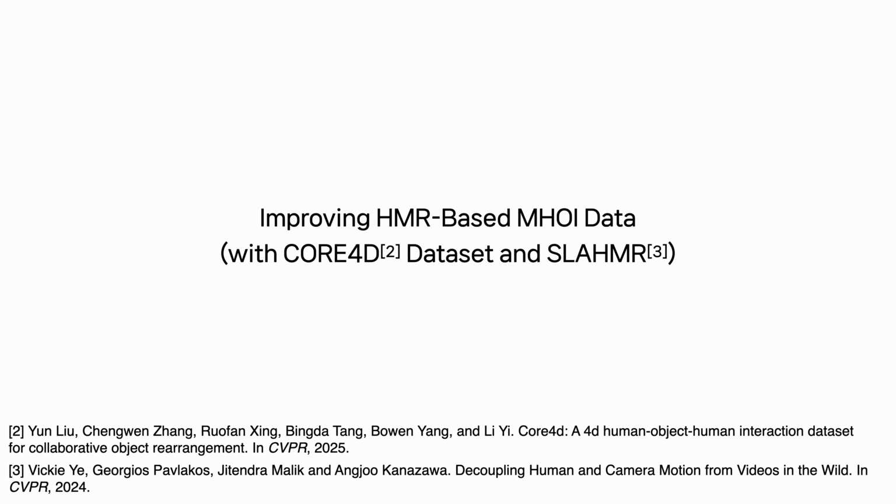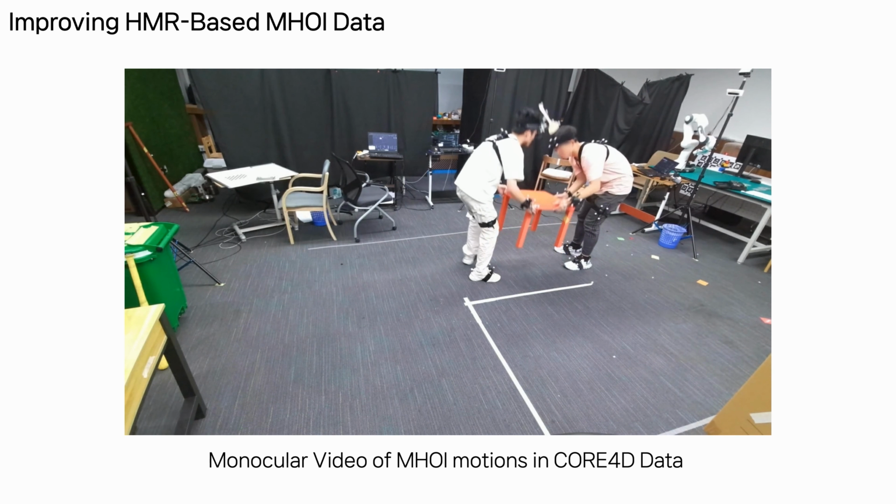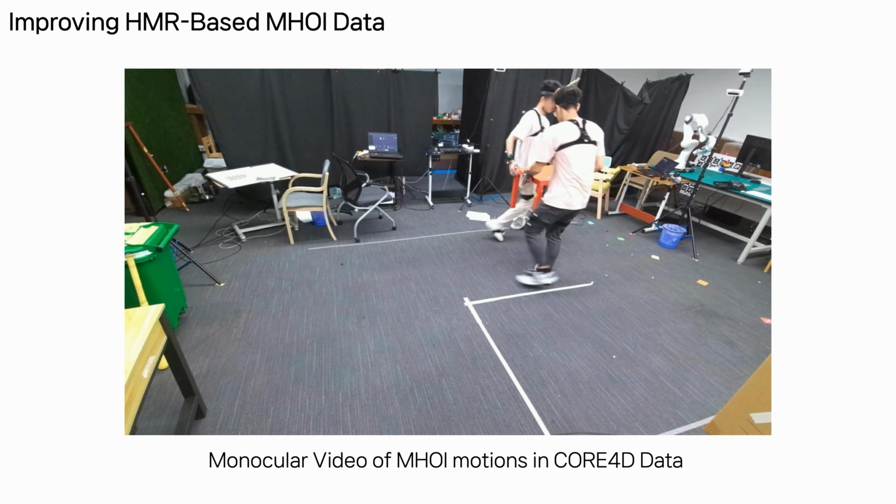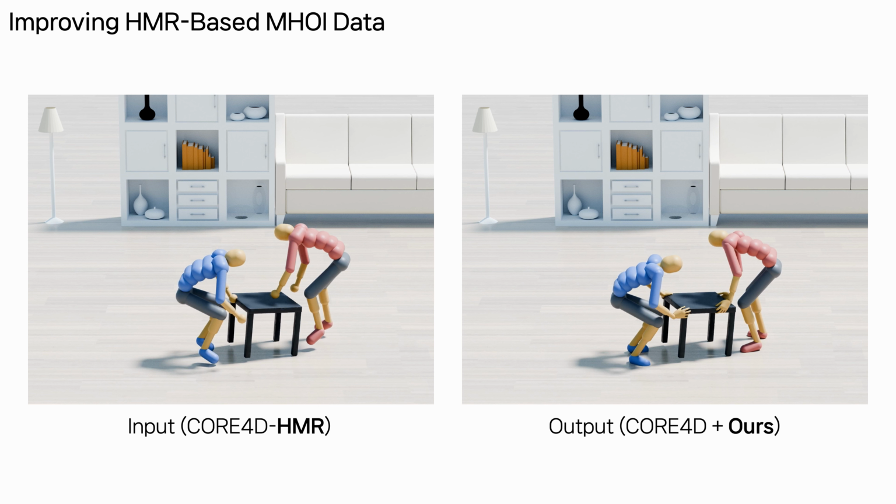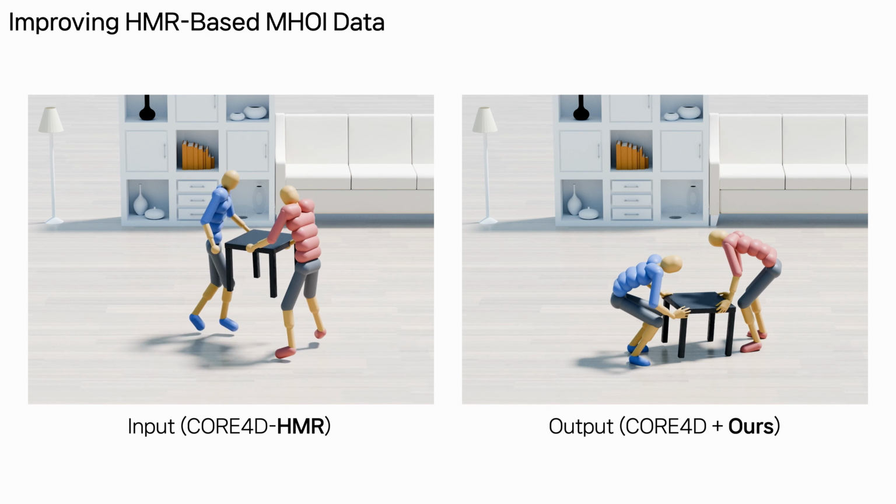We demonstrate the effectiveness of our method on various multi-person HOI data acquired with existing capture methods. First, we test our pipeline with the data captured with existing HMR methods that estimate human motion from monocular videos. From a monocular video recorded multi-person HOI motions, we extract human motion with existing HMR methods and align it with the object coordinate system.